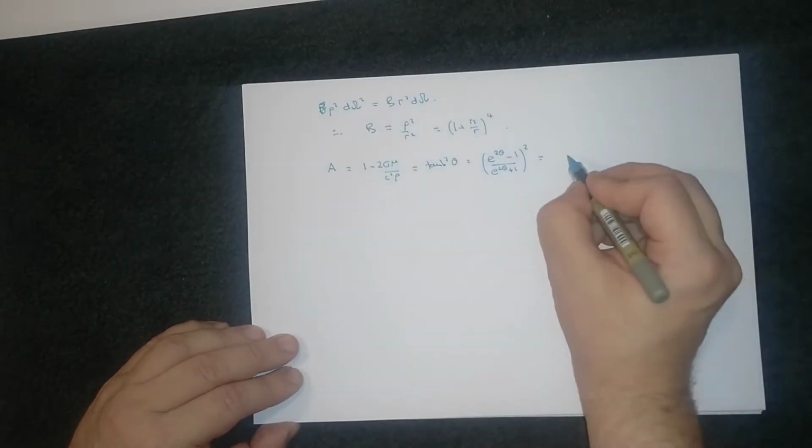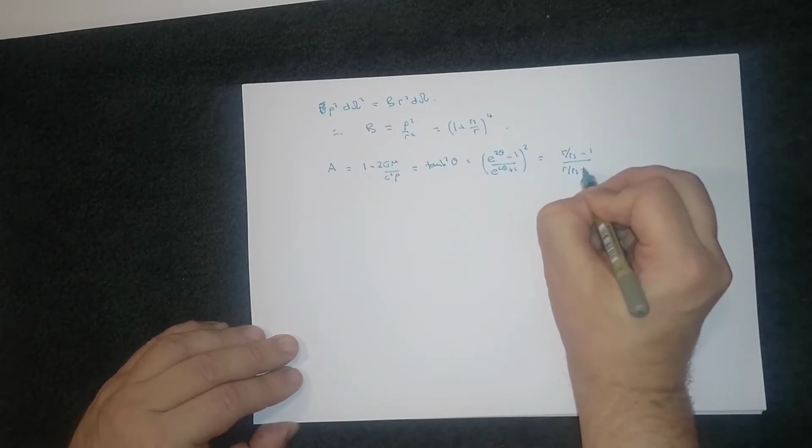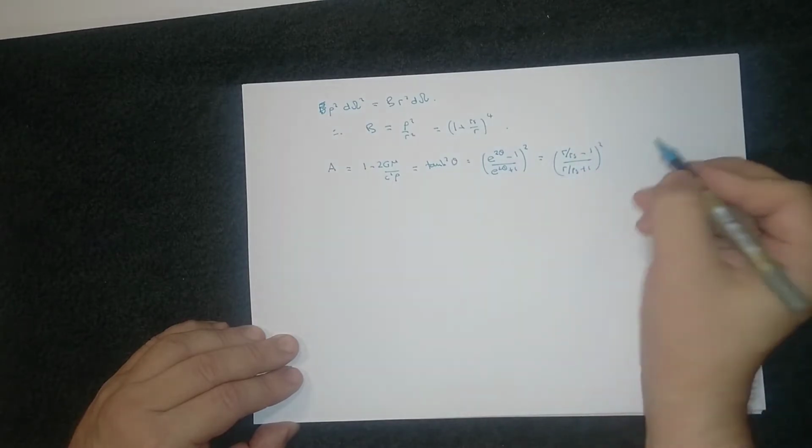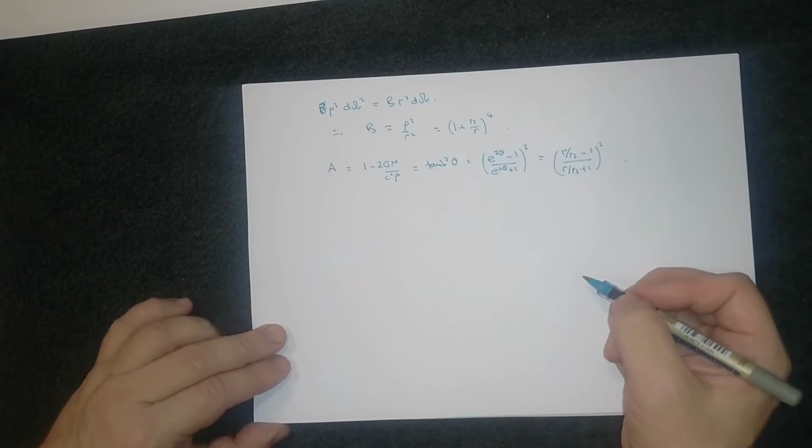And that gives me ((r over r_s minus 1) over (r over r_s plus 1)) all squared for our expression for A.